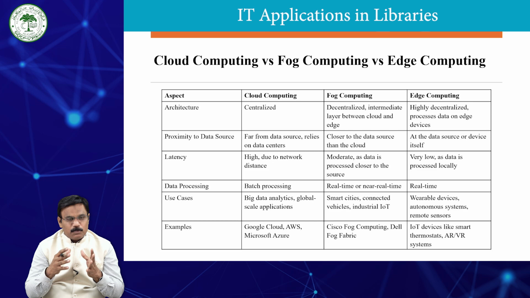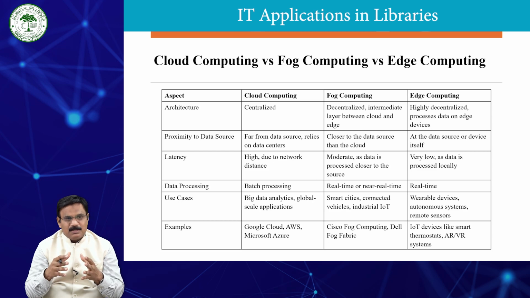As far as proximity to data source is concerned, cloud computing is far from data source, relies on data centers. Fog computing is closer to the data source than the cloud, and edge computing is at the data source or device itself. Edge computing itself is a data source and data device.